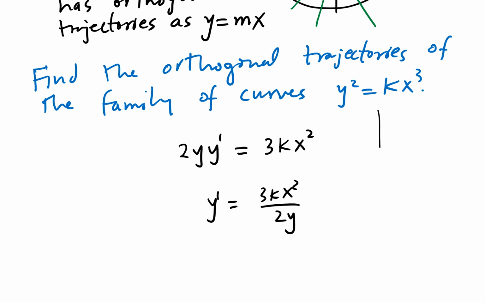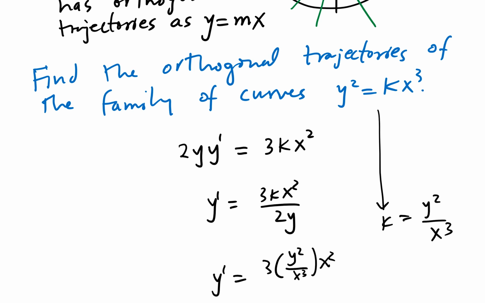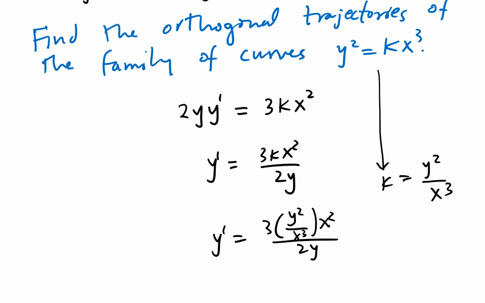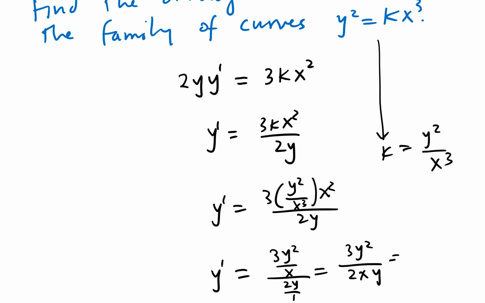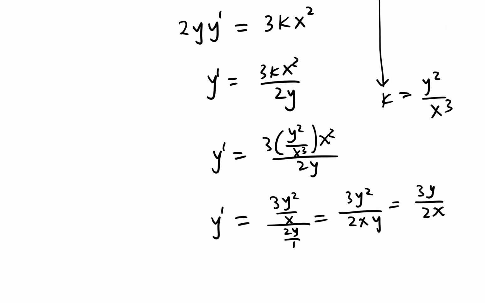From there I can solve for k, which is y squared over x cubed. So if you substitute it in, 3 times y squared over x cubed times x squared over 2y. So I want to get an equation that has no k in it. We get y prime equals, the x squared cancels, 3y squared over x all over 2y, which is 3y squared over 2xy, simplifies to 3y over 2x. And that would be the y prime for the actual curve.